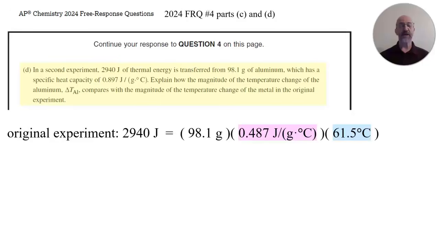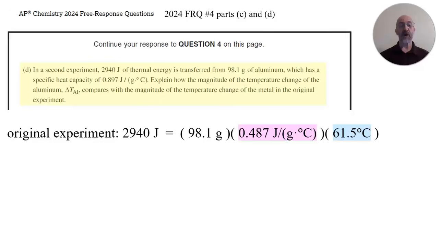So Q equals M times C times delta T. And in the original experiment, it was 2,940 joules. It was 98.1 grams of the metal, and we had calculated 0.487 joules per gram degree Celsius in part C of this question. And the delta T for the metal was 61.5 degrees Celsius.